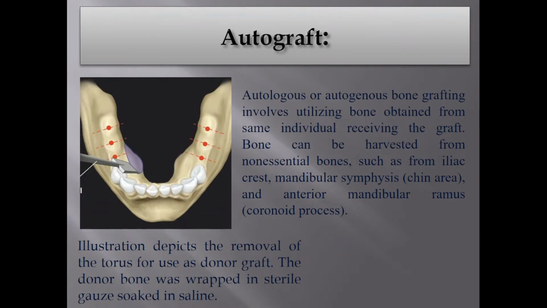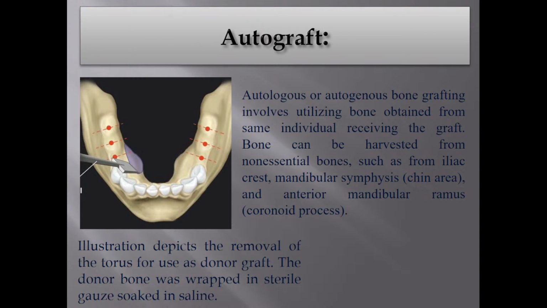And let's see examples of different bone grafts. First, an autograft. Autologous or autogenous bone graft involves utilizing bone obtained from the same individual receiving the graft. Bone can be harvested from non-essential bones.